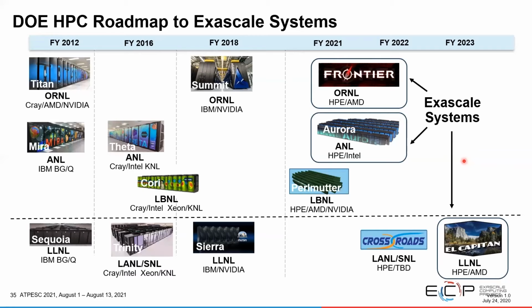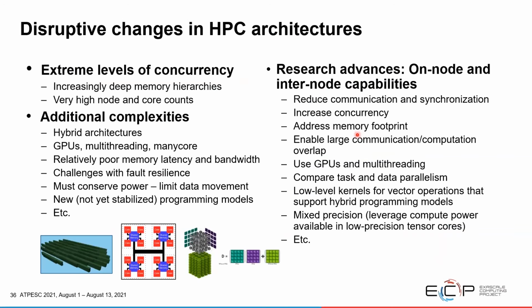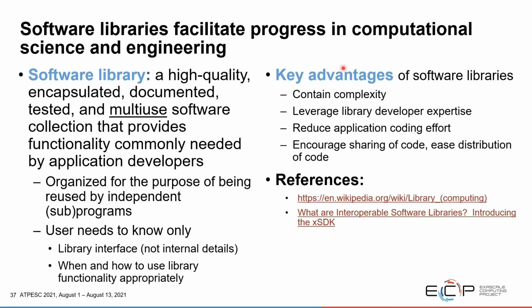So again, they use different GPUs from different companies, and so they also require different treatment, which gives a lot of challenges to the math libraries as well as the applications, because now they have to deal with all these different architectures, which can involve dealing with different memory hierarchies, and GPUs requiring different programming models, because all of them seem to have a different programming model to make them run highly efficiently. There are issues like memory latency and communication, because we will have very many nodes to reach exascale, etc. And so this is very challenging.